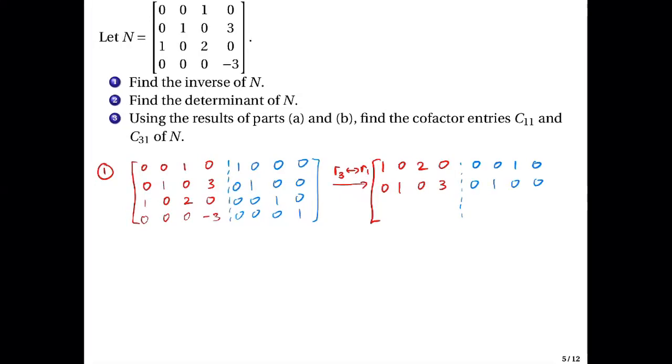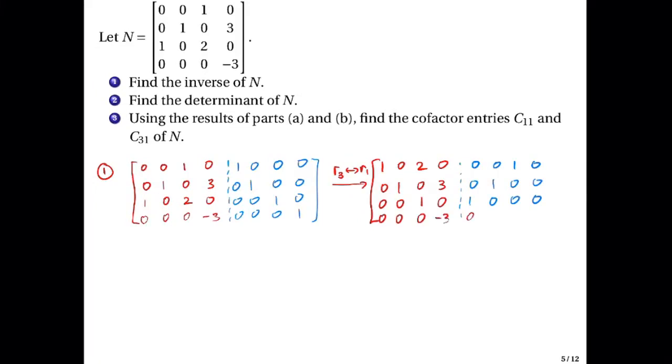Then row 1: 0, 0, 1, 0, 1, 0, 0, 0. And then we'll just copy row 4: 0, 0, 0, negative 3, 0, 0, 0, 1.